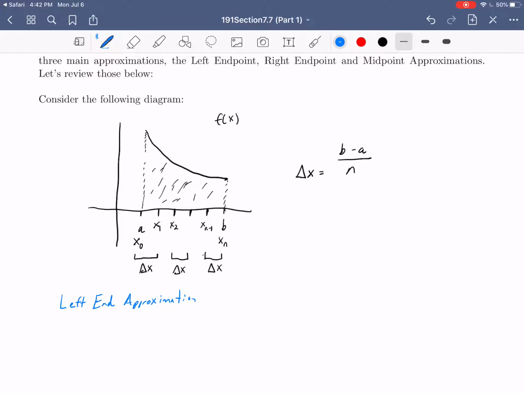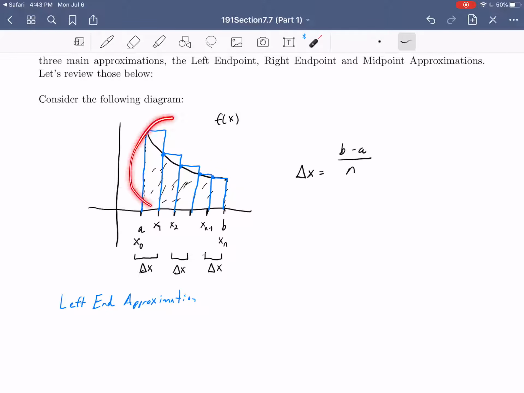So the left endpoint approximation uses the left endpoint of each interval. It would say, okay, let's use this one here, then build ourselves a rectangle, and we would go down to here, and that would be our first rectangle. Then we would take this point, use that left endpoint, go across, have our second one, then our third one, then our fourth one, and in this case, our fifth one like that.